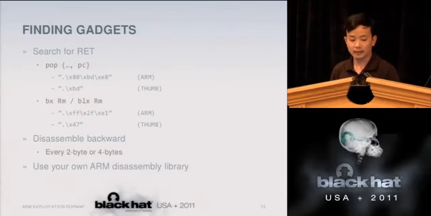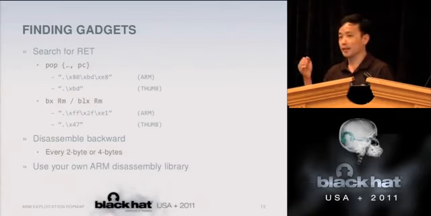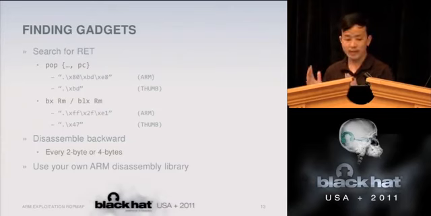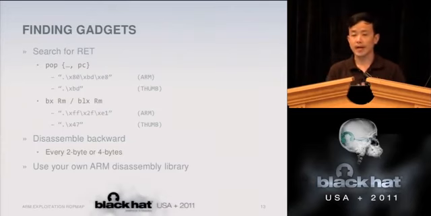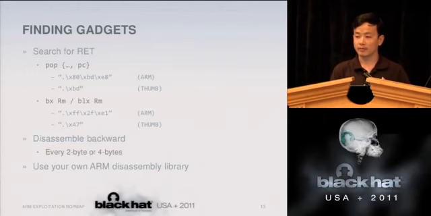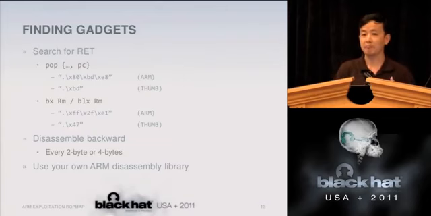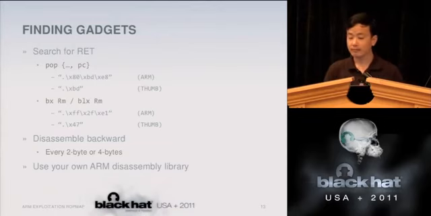So we just need to find a ret-like instruction, then we disassemble backward every 4 bytes for ARM mode or every 2 bytes for thumb mode. We stop when there is an invalid instruction or we reach the depth we control.